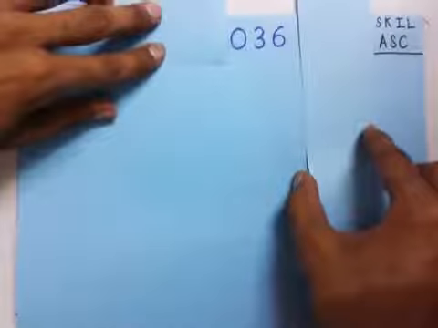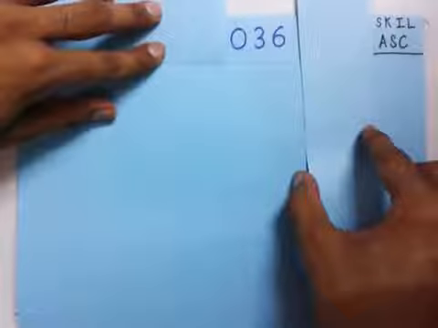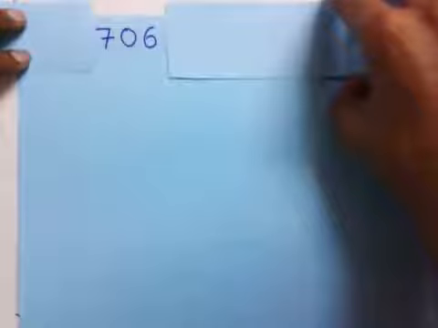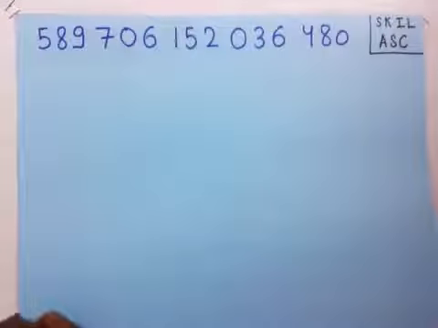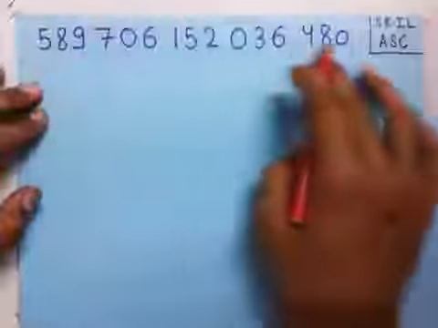And then if I ask you to read this number, we can also read it. This is 36. And then this is 152. And this is 706. And then this is 589. So we see that we can read smaller numbers, but we cannot read this very large number.